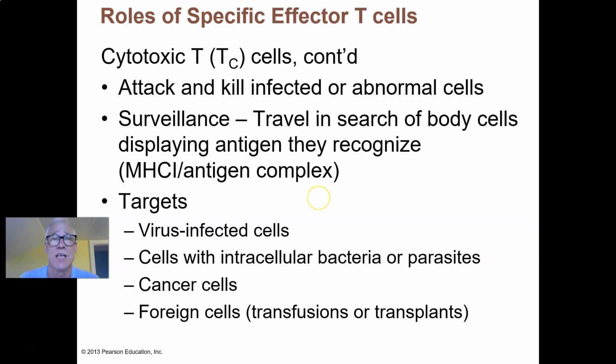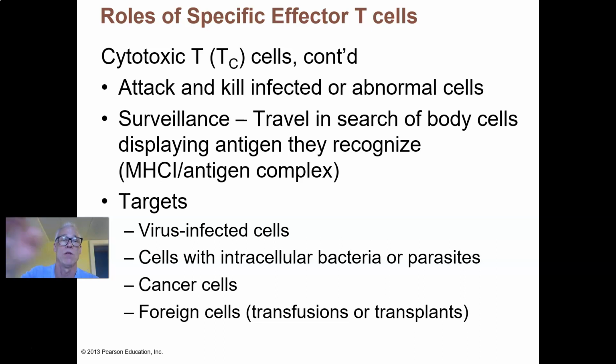So cytotoxic T cells, we're finishing up our discussion of cellular immunity. How do they actually do their job, their effector function? They travel around the body, right? They're going to go find infected cells. That won't work if they're just lurking in a lymphoid tissue like a B cell.